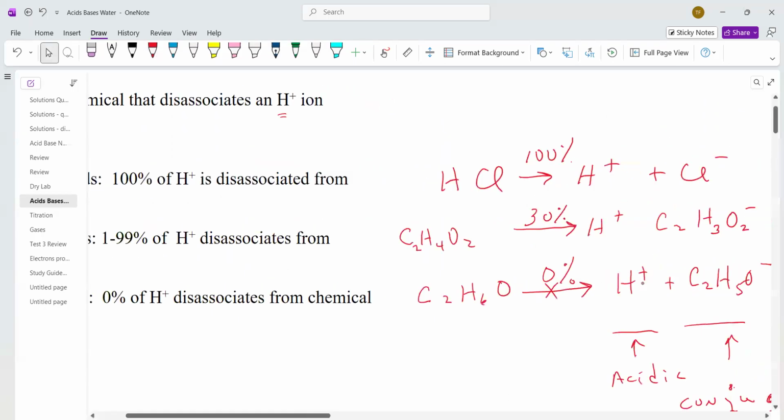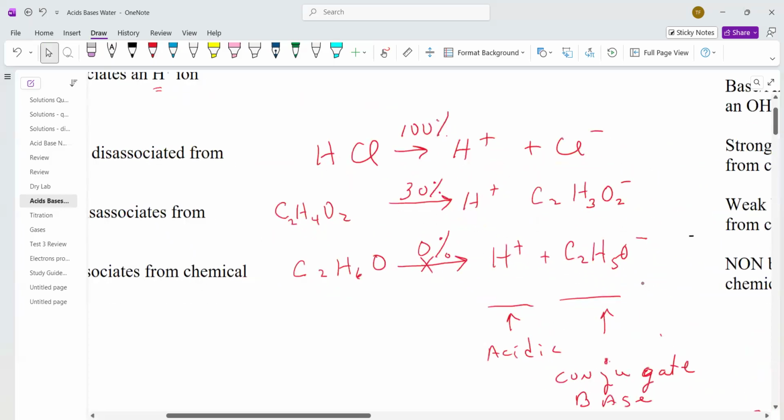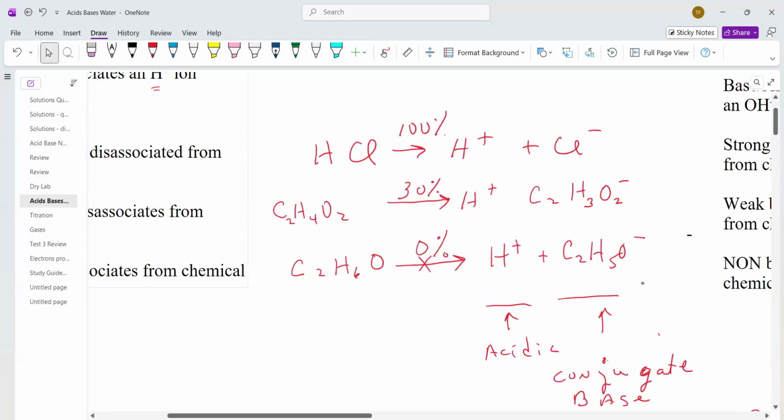You're probably going to run into 2 in your chemistry. If you're taking 1A and 1B, you'll probably talk about nitric acid as well. But normally you're going to talk about hydrochloric acid, HCl. It's called muriatic acid if you're dealing with pool acid. This is acetic acid here.